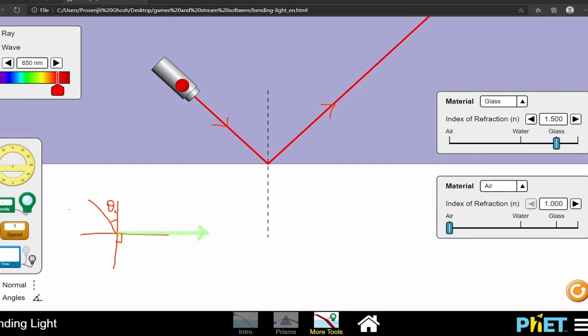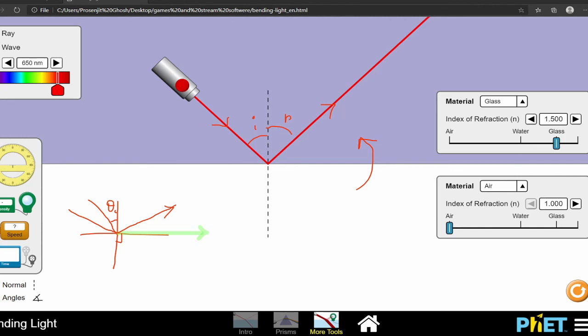For an angle more than the critical angle, the light moves up and gets totally reflected. And we know for reflection, I is equal to R. That is, the incident angle and reflected angle are equal to each other, and this is called total internal reflection.